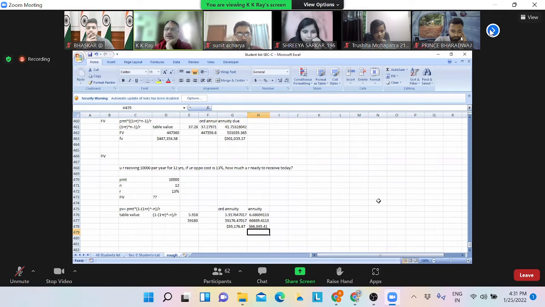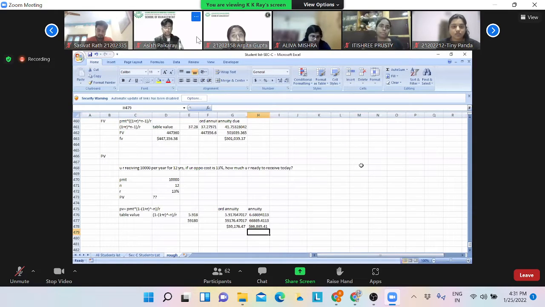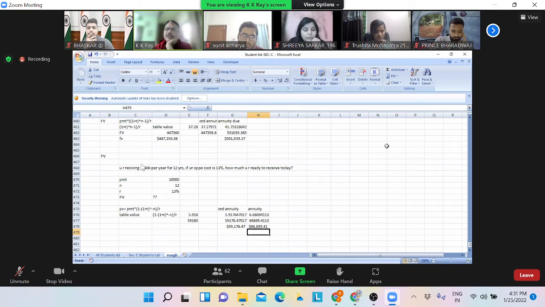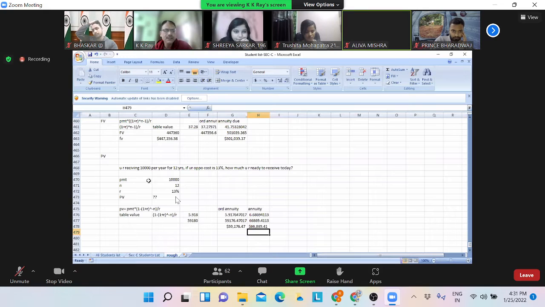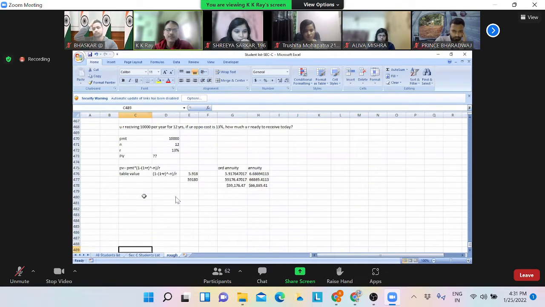Any doubt? So this is the simplest way of calculating present value and future value, for a single sum as well as for an annuity.